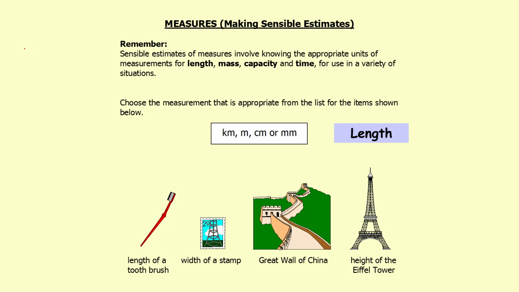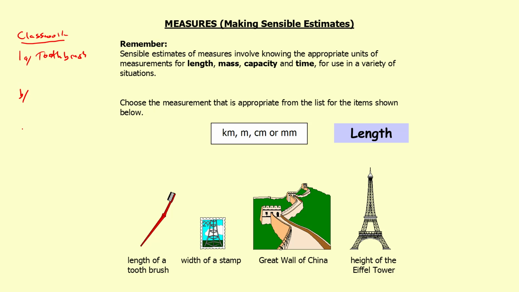I want you to write number 1, 1A and classwork. 1A, toothbrush. And what measurement do you think we're going to use for a toothbrush?